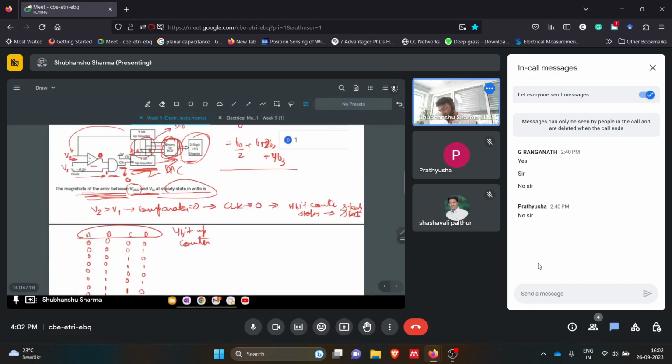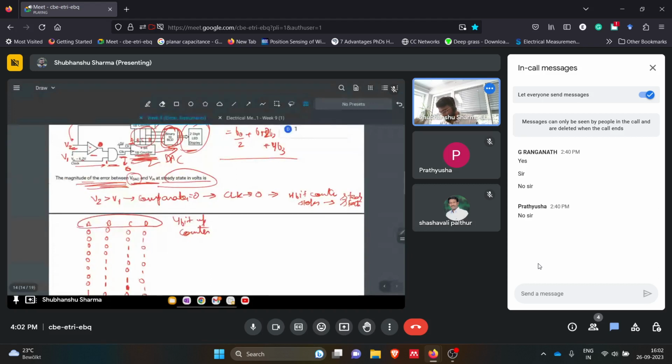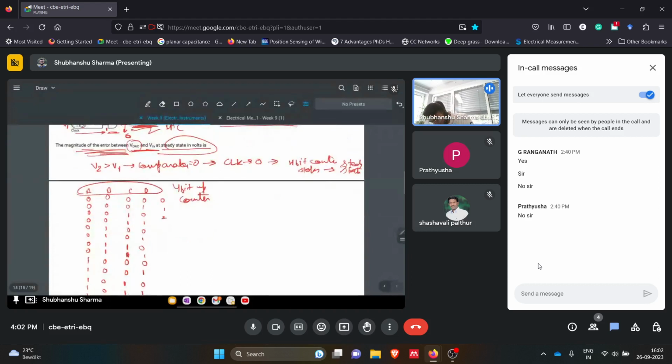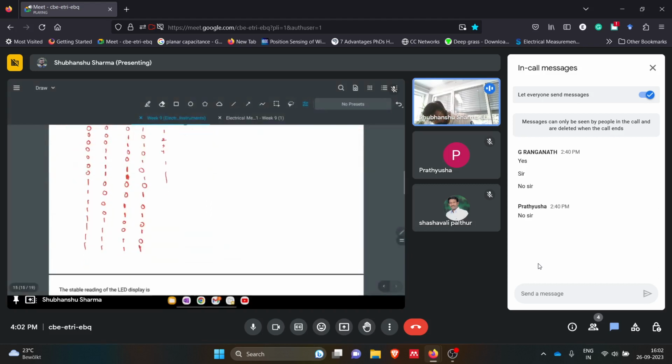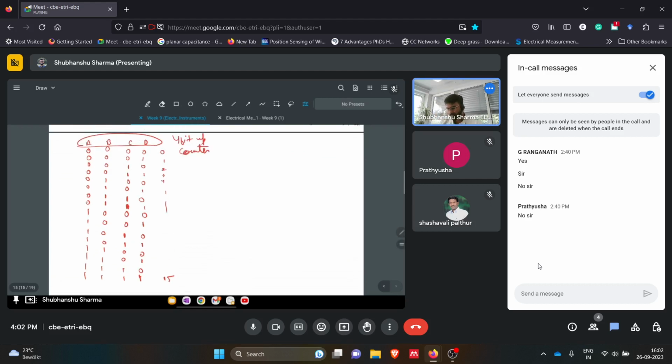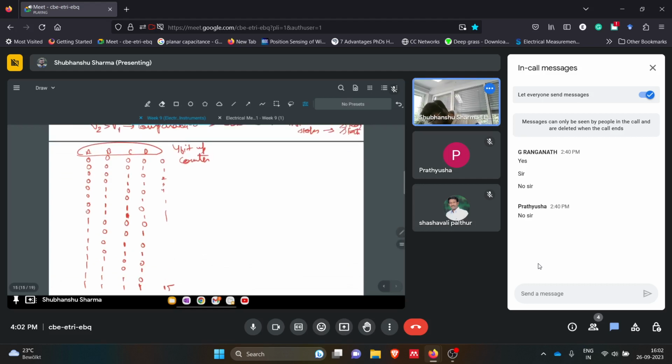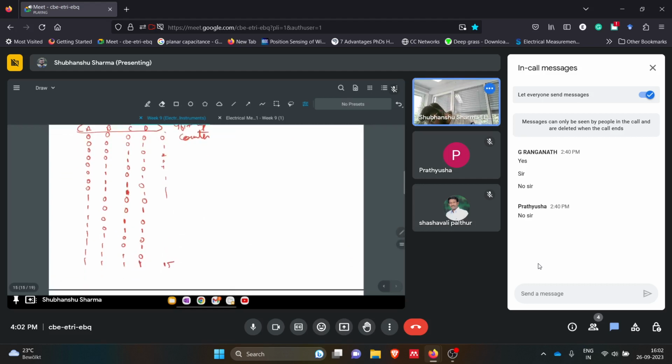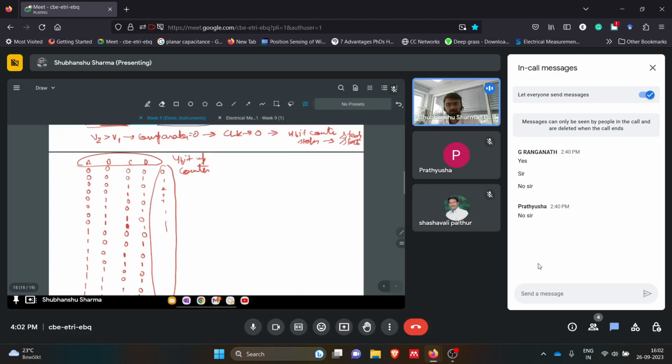So this is 0, 1, 2, 3, 4 and so on till 15. This is the value of these bits when we convert them into decimal scale.